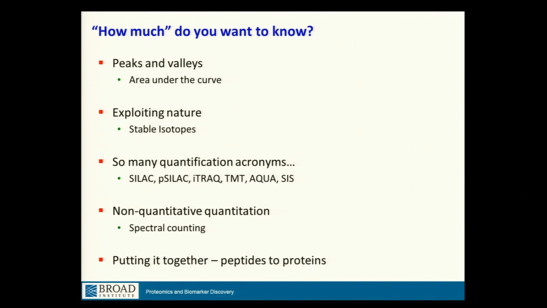And then you may have also heard about something called spectral counting, which I call non-quantitative quantitation, because it's probably the most irreproducible form of quantification you could ever hope to achieve with a mass spectrometer. And then how we use some of these techniques to put together the stories from individual peaks and numbers that pop out of mass spectrometers into meaningful biological information about the proteins that you care deeply about.